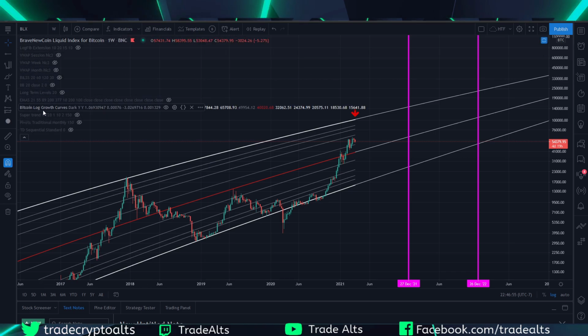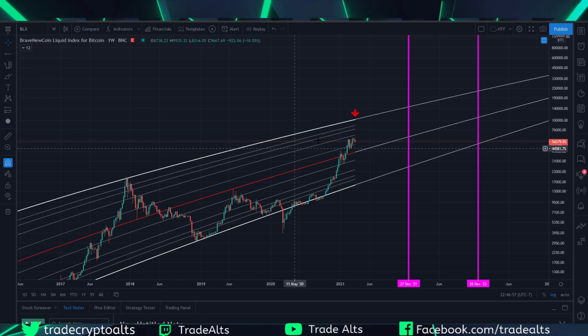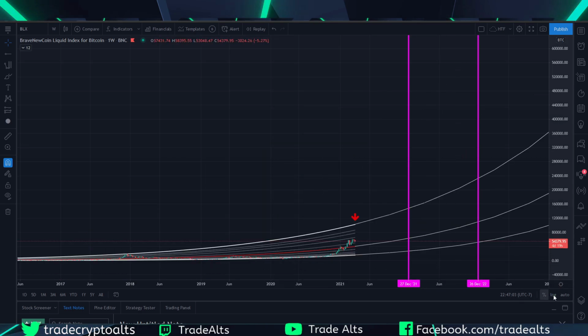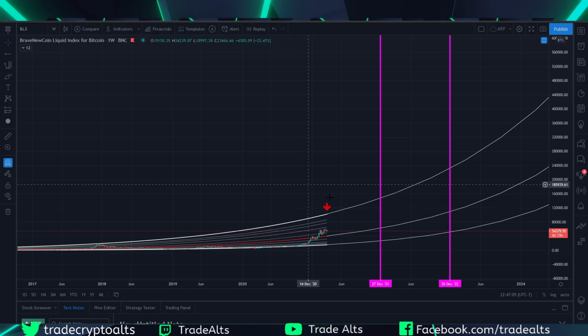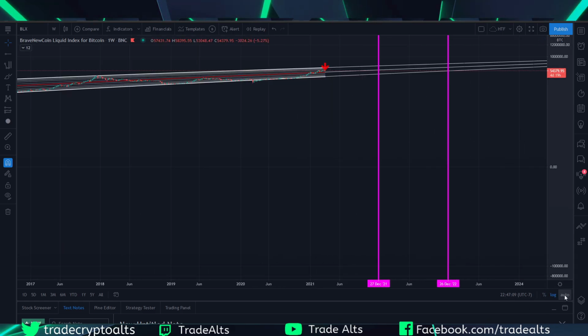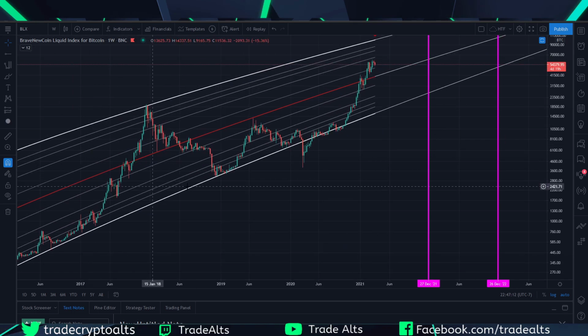It looks like this. If you want to put this on your chart, it has to be in log scale for this to populate correctly, because if you just have it not on log scale, this is what it looks like. So make sure it's on log scale. And you can monitor this for yourself and keep tabs on it.